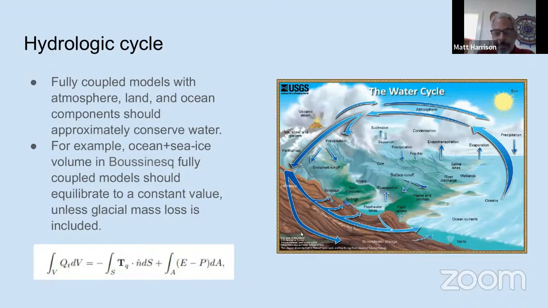You have phase transitions, evaporation from the ocean and lakes, for instance, transport by the atmosphere, storage in groundwater reservoirs, in snow and ice over land. But in total, that mass of water would be conserved in a realistic system.